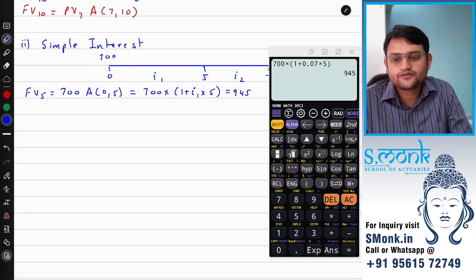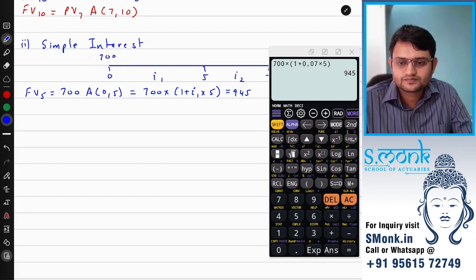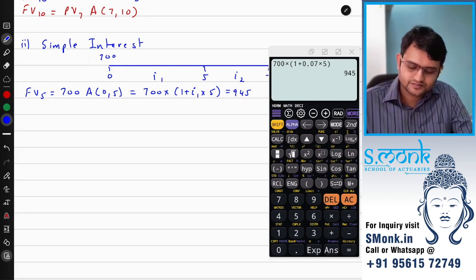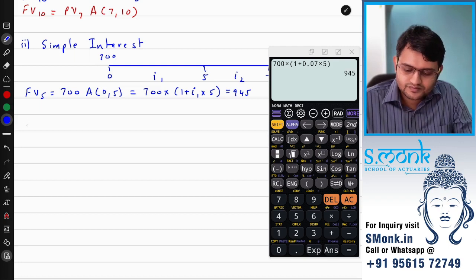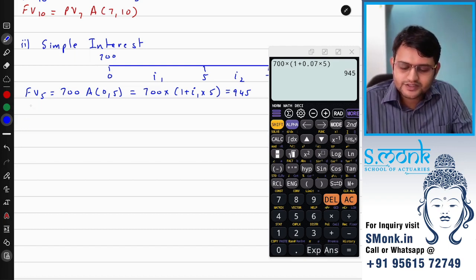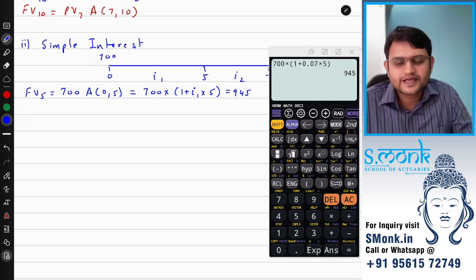We have 945. I'll say that is also the present value at time 5 that I will use for the next calculation.